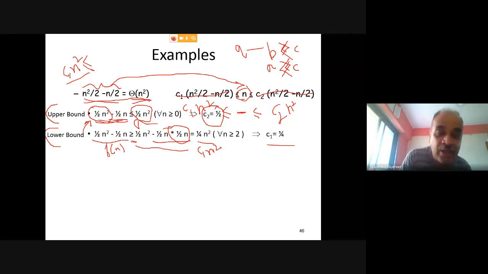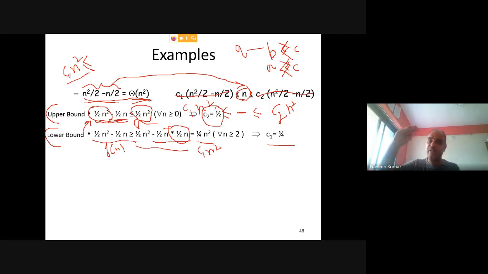Although theta notation is better than the previous two because it bounds the actual time function f(n) from both of the sides, it gives a tighter bound, right? Better approximation as compared to the other notations, but it requires more computation. Although this notation is good, it requires a little more effort to show it, to find those constants.